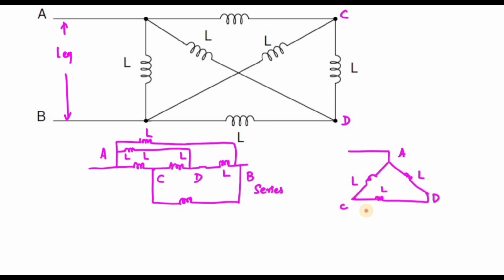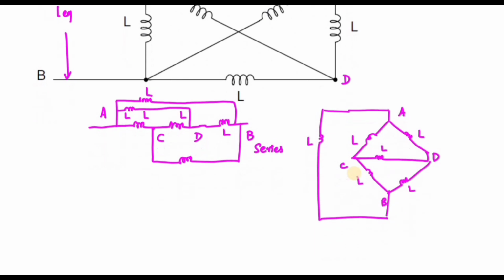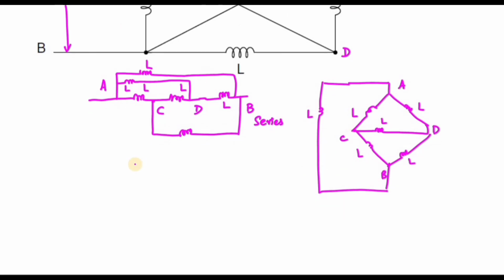And then from C to B, I have another one. Then from D to B also, I have another one. So totally I have 5, and from A to B also I have one more inductance. So you can see it is a balanced circuit. So I can remove the inductance between C and D, or otherwise I can convert delta to star.